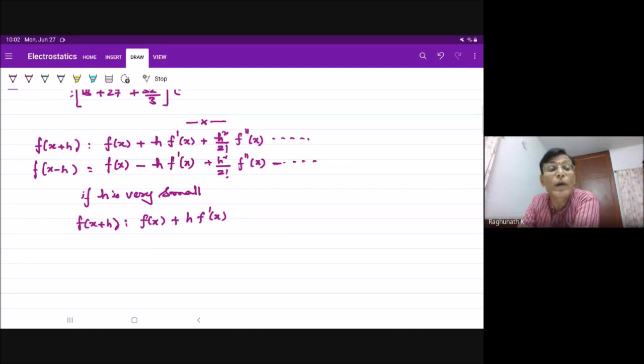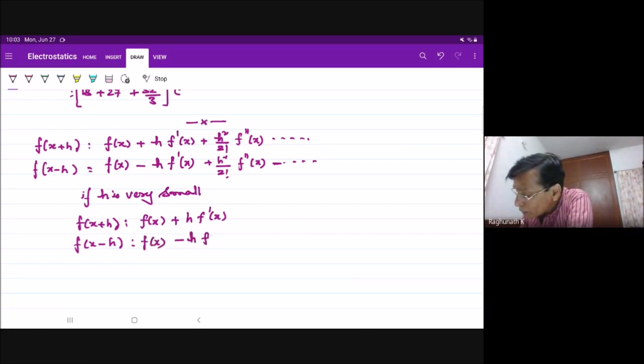If h is very small, h squared is very, very small, so it is negligible. Never do we consider delta x squared as some quantity, or delta x cubed as some quantity. In the same way, f of x minus h is equal to f of x minus h into f dash of x. Okay?